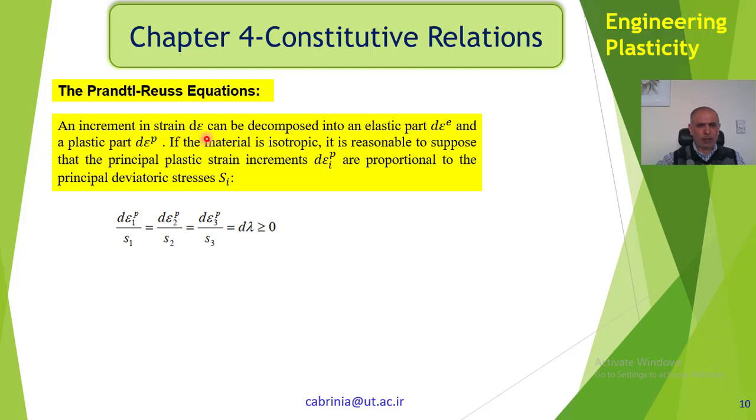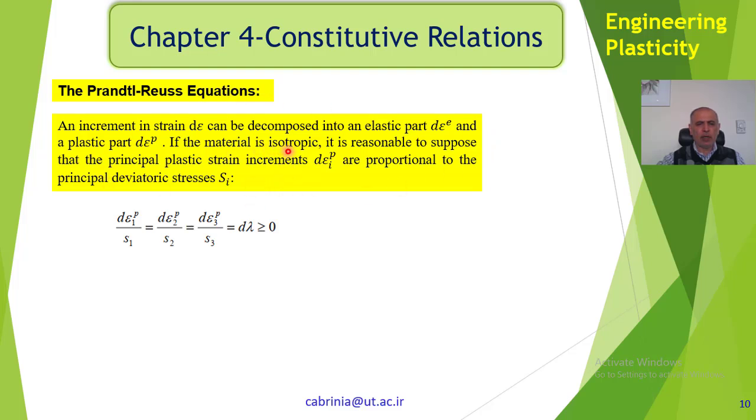An increment in strain d epsilon can be decomposed into an elastic part d epsilon E and a plastic part d epsilon P. In the previous slide, when I was talking about elastic strains, I used the letter E for elastic strain, because in those slides we dealt only with elastic strain. But here, because we are dealing with total strain, elastic strain, and plastic strain, we use this kind of notation.